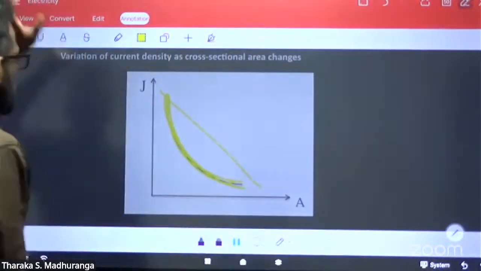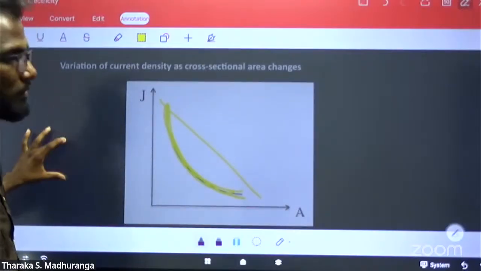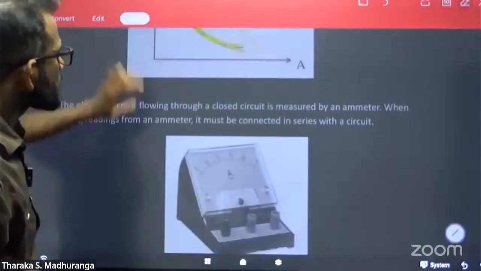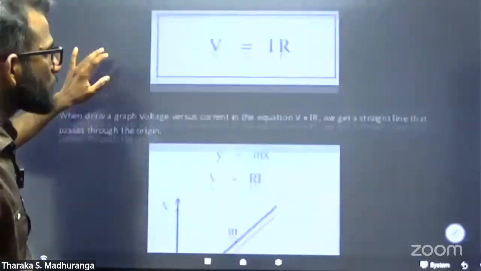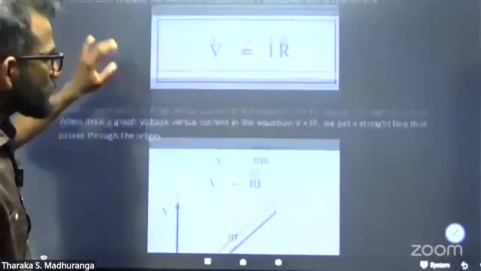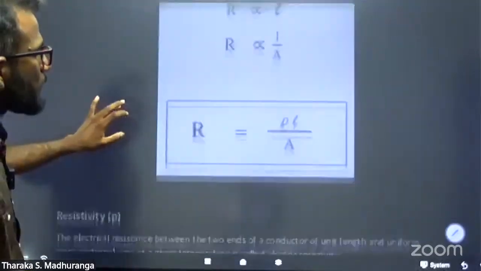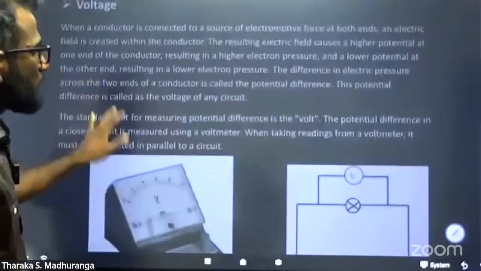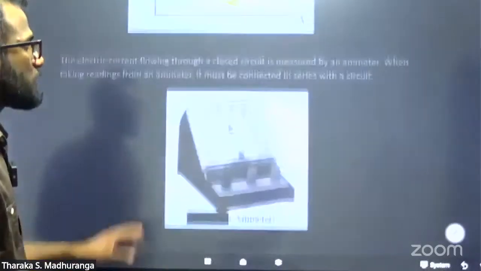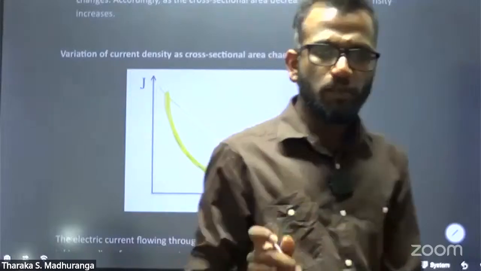Remember this. In this lesson, you will meet a lot of graphs, and in the future parts also. You have to remember these graphs. Our calculations you can keep in mind, but this is a special case. Now you know the current density and cross section area are inversely proportional.